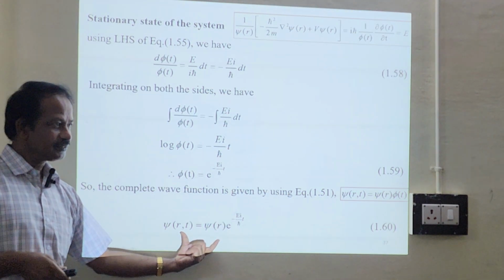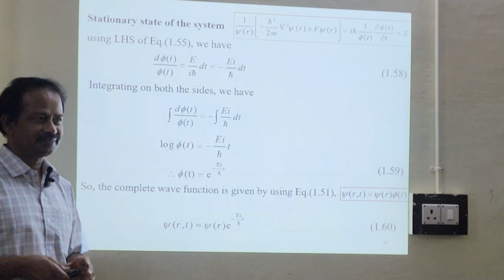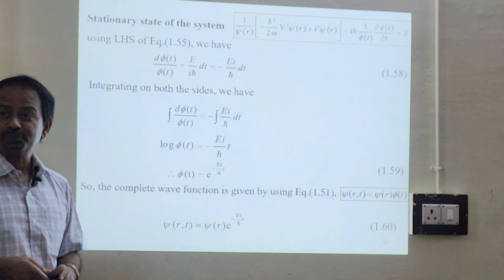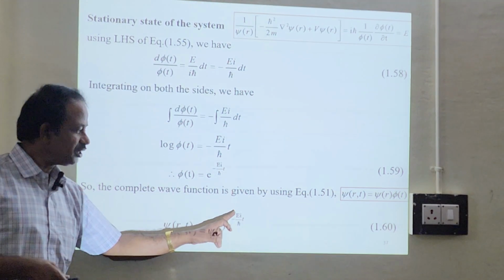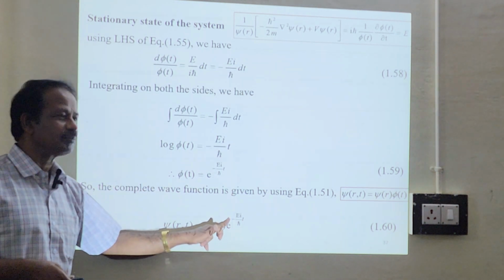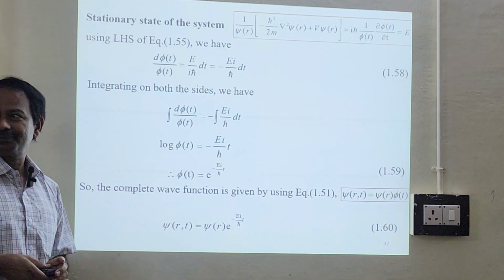Any doubt? Can you remember this one? We have already used this equation earlier. E equals h bar omega, so E by h bar equals omega. We have already used psi of r e power minus i omega t. It's the same thing.